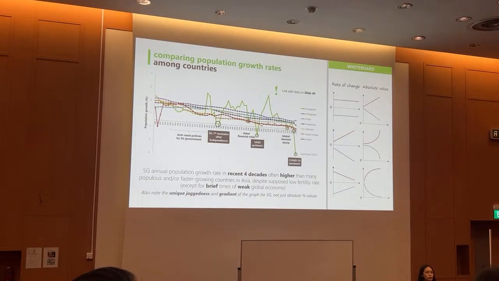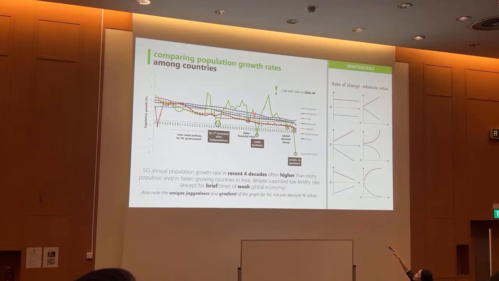So how would Singapore compare with other countries in terms of population growth? Surprisingly, if you do not know, the population growth of Singapore in recent 40 years is often higher than many other countries that have more people and that are faster growing. So I have some examples over here.